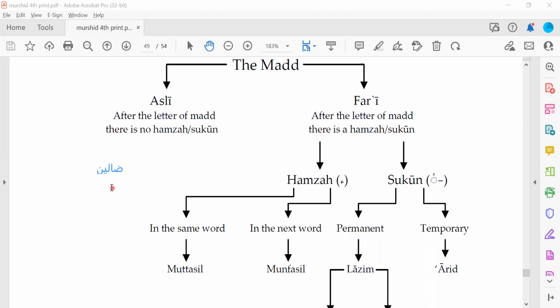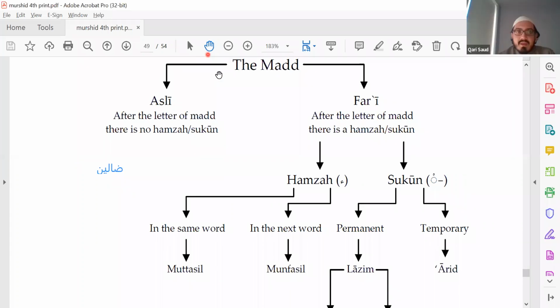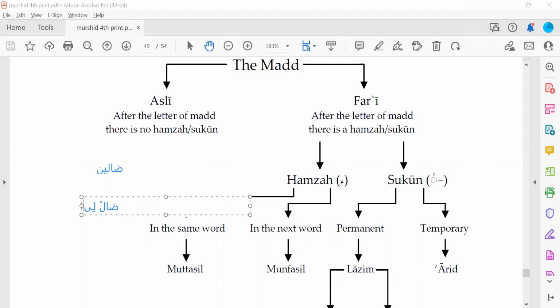Lam. And does the lam have a sukoon? No. Remember, it's dal and then lam. So it's actually written like this. Oh yes, sukoon. Sorry, yeah, it does have a sukoon.